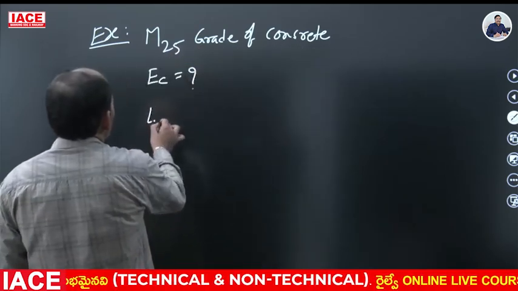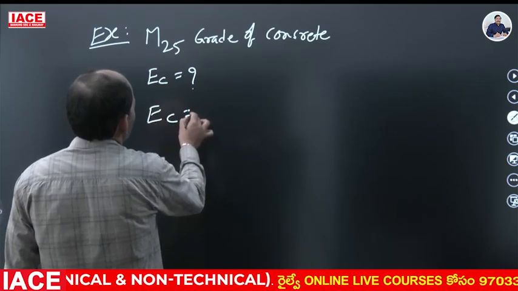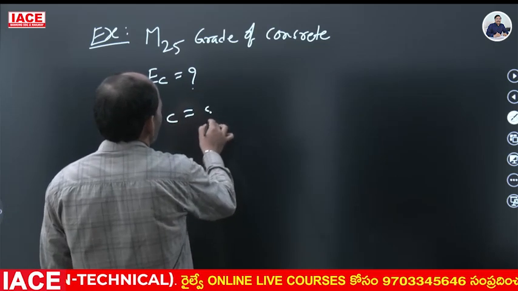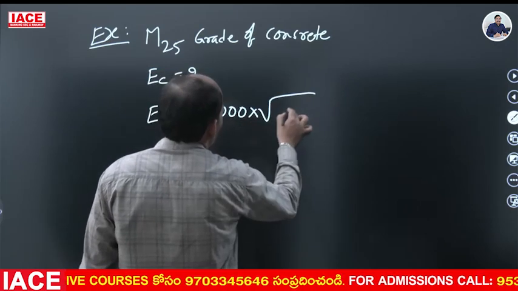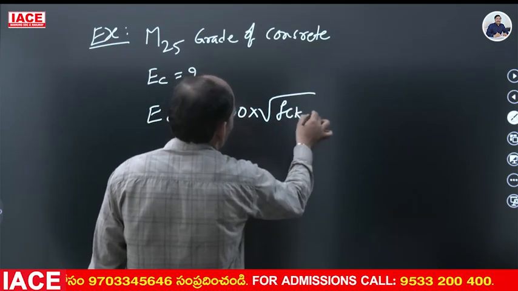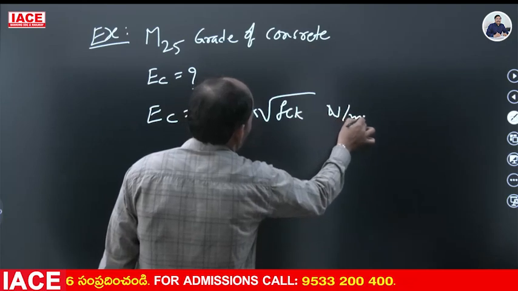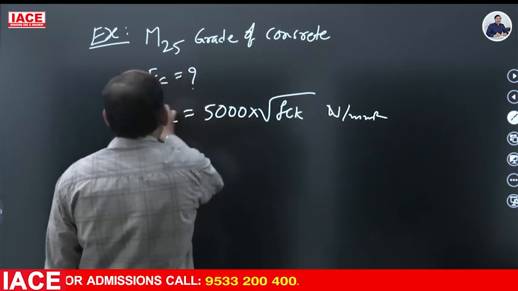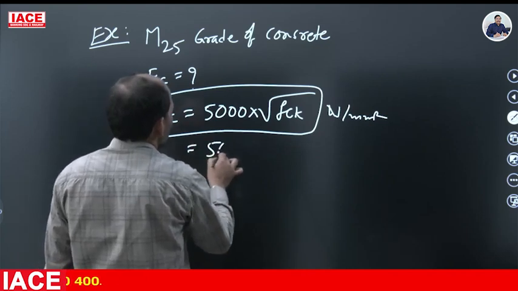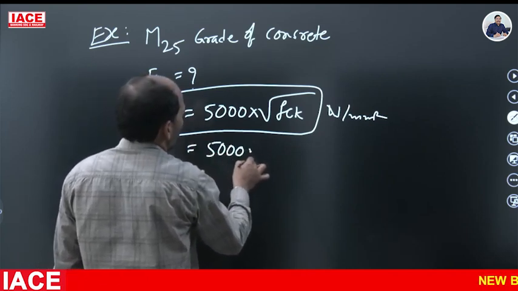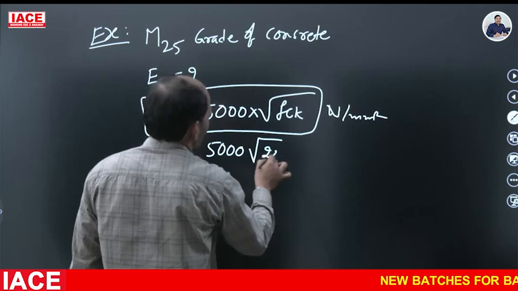The static modulus or secant modulus of M25 grade of concrete is 5000 into under root of FCK Newton per mm square. Apply the values here: 5000 under root of 25.